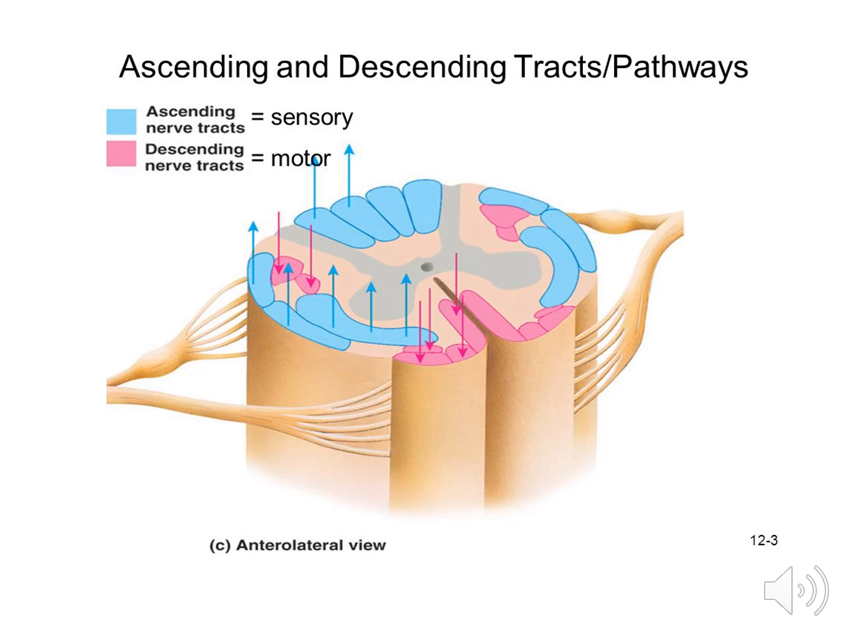And we actually have those tracks all mapped out, so we know where the sensory tracks are that are going up to the brain. We know where the motor tracks are that are traveling from the brain back down to the other parts of the body.